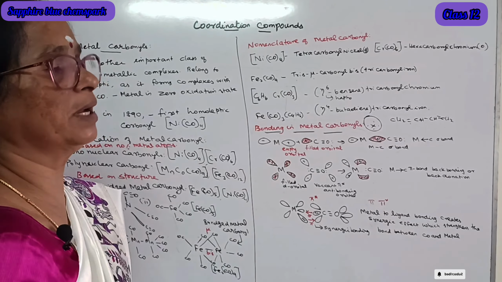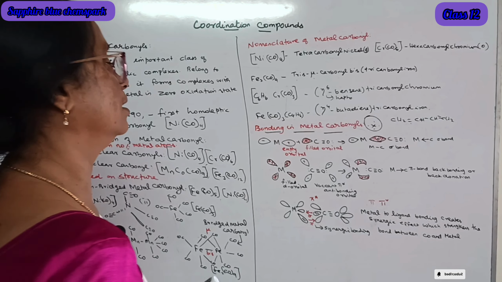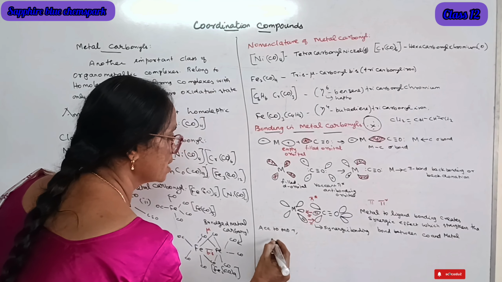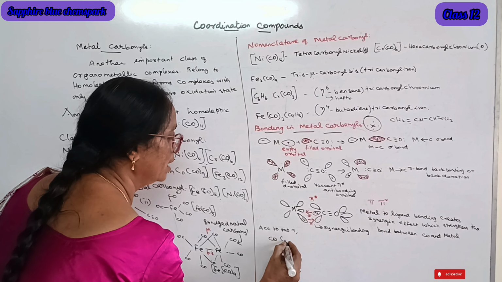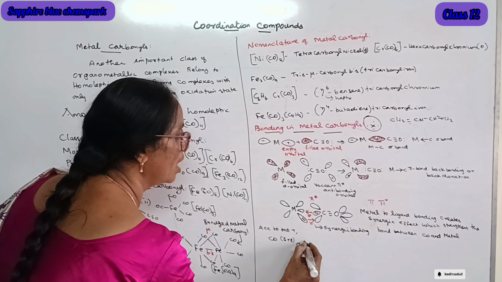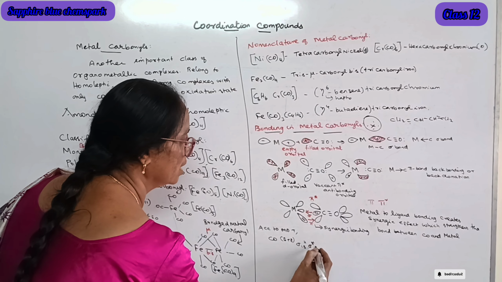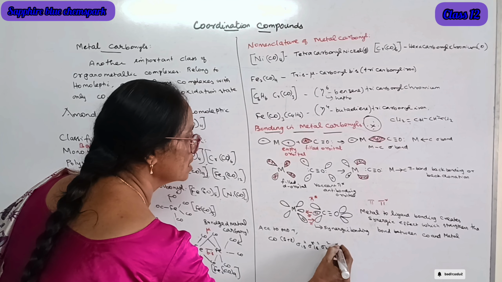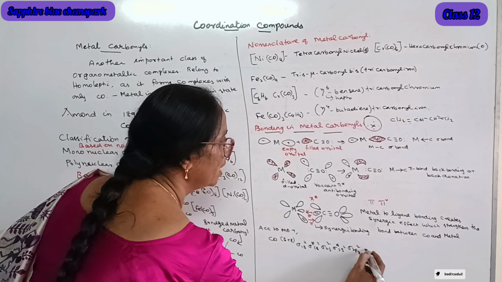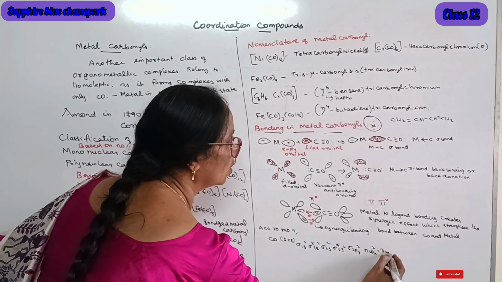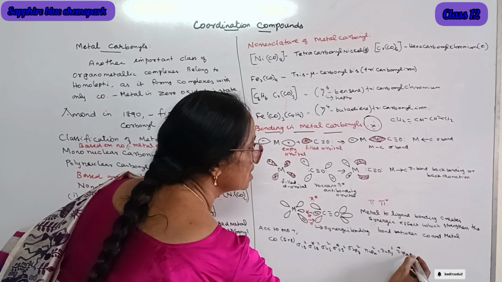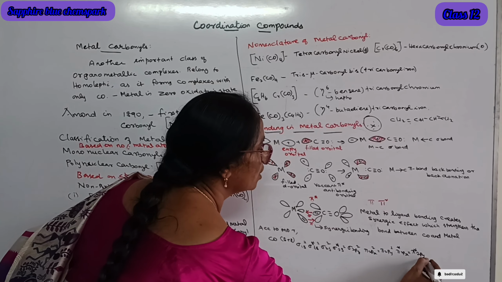So we may find how the sigma bond and pi bonds are formed. The carbonyl group has a molecular orbital diagram. According to molecular orbital theory, we can write the electronic configuration for carbon monoxide. It has 6 plus 8 electrons, so totally 14 electrons. That makes sigma 1s2, sigma star 1s2, sigma 2s2, sigma star 2s2, then sigma 2pz2, after that pi 2px2 equal to pi 2py2, then pi star 2px equal to pi star 2py.